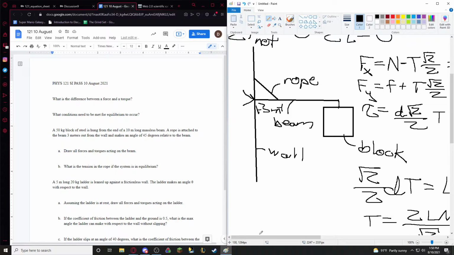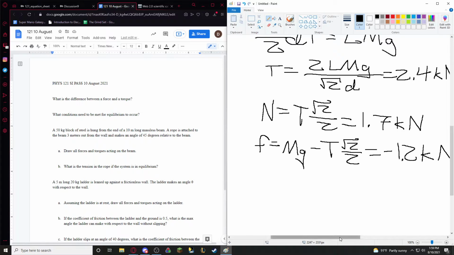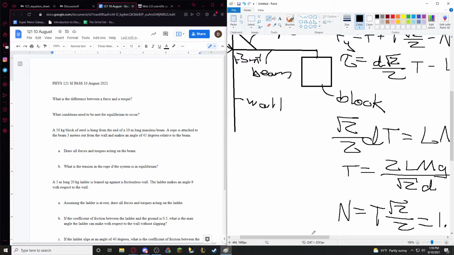We didn't know if there's a frictional force at all. We just guessed there might be some frictional force in the positive y direction. Then we solved everything out, and we got a negative value. That's not a problem. It just means the force is actually in the negative y direction.